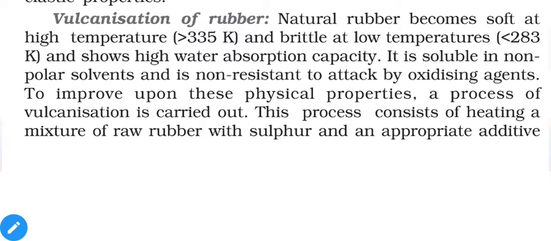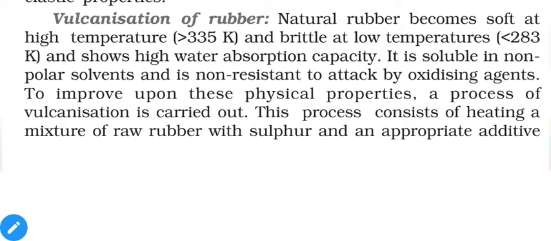And at higher temperature it becomes soft, and at lower temperature it becomes brittle, and it is a water absorbing compound. Now, to improve its physical properties, we need to add some chemicals into it which increase its strength. It is called the vulcanizing process.